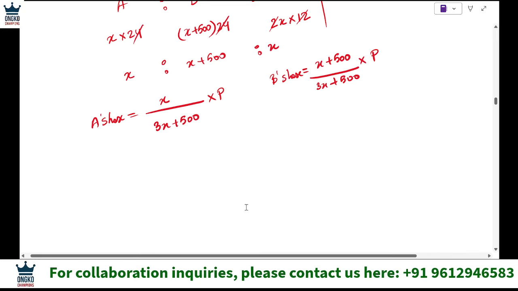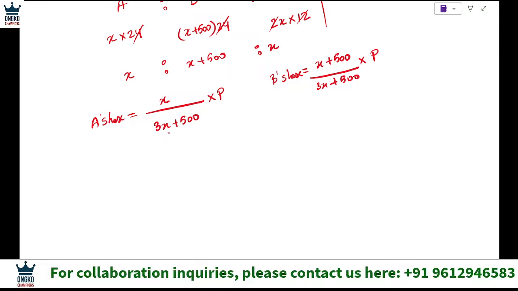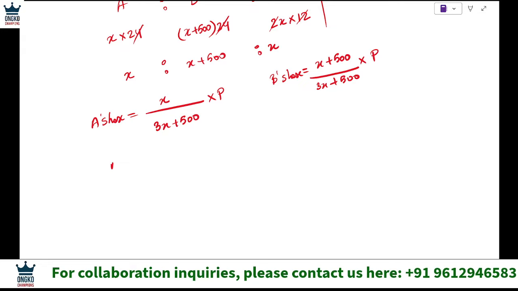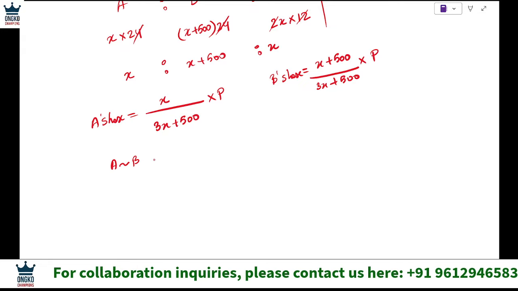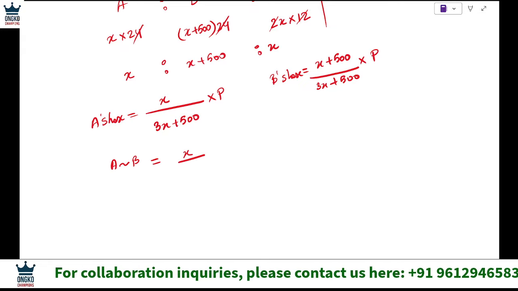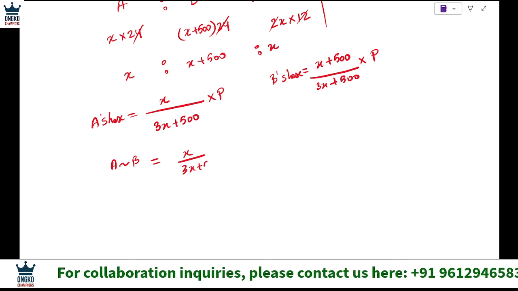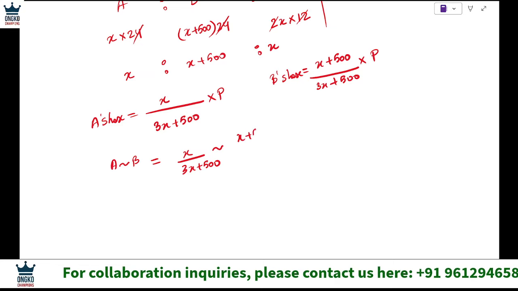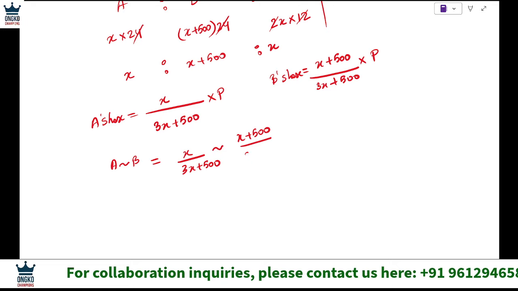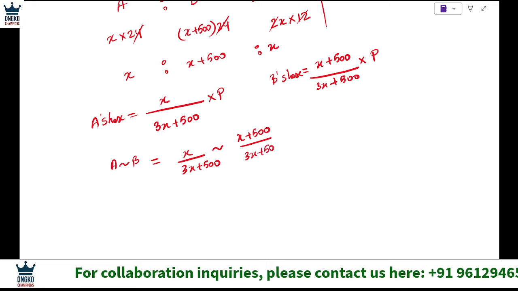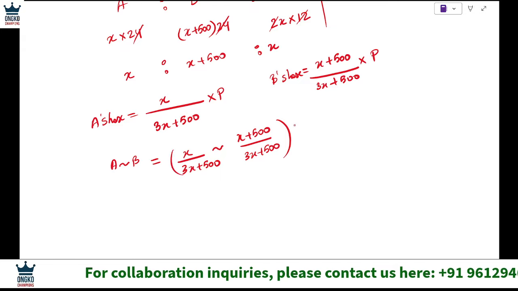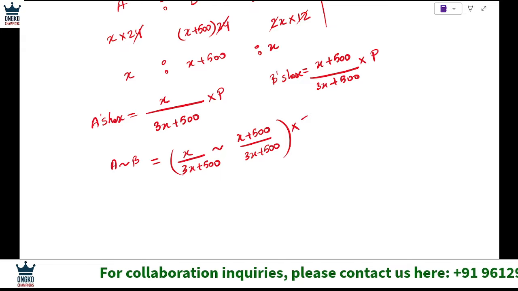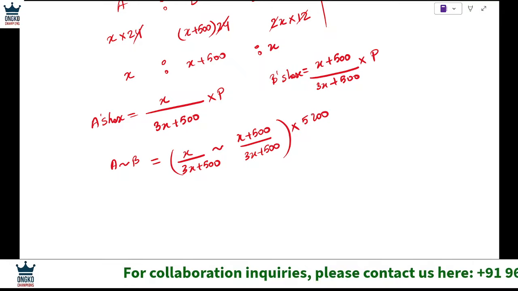So now if the difference is 1000, here the difference of A and B: x by 3x plus 500, minus x plus 500 divided by 3x plus 500, times the total 5200.